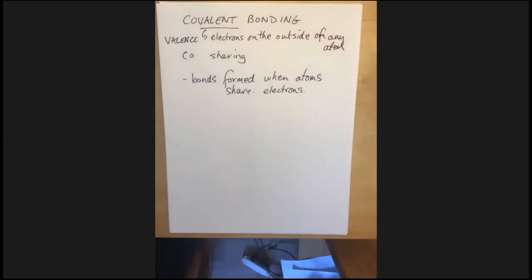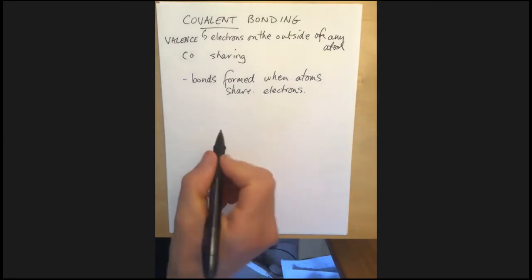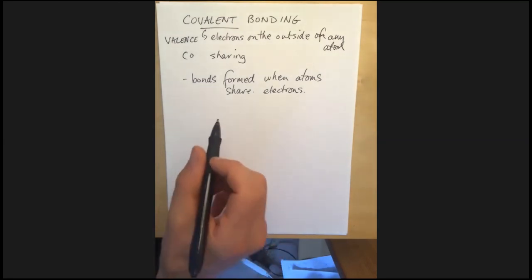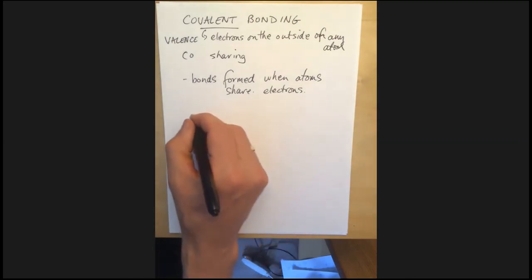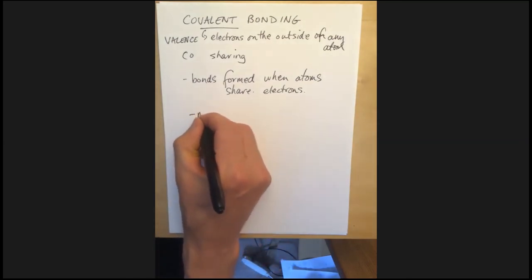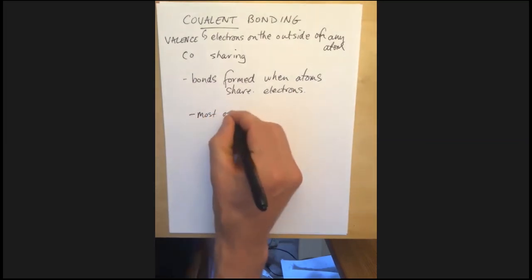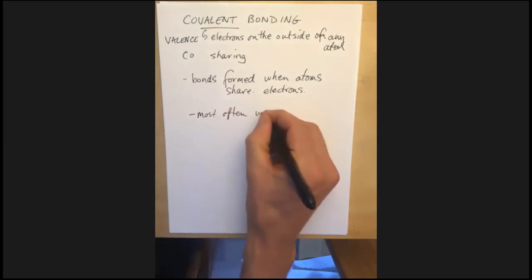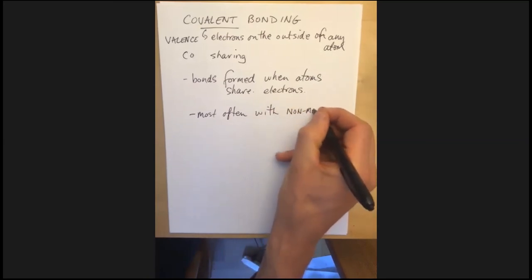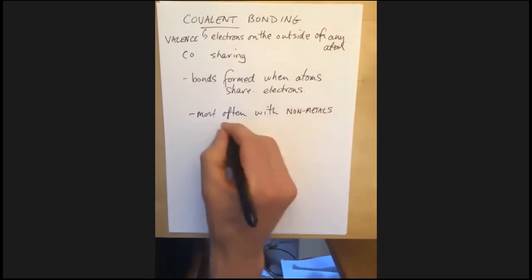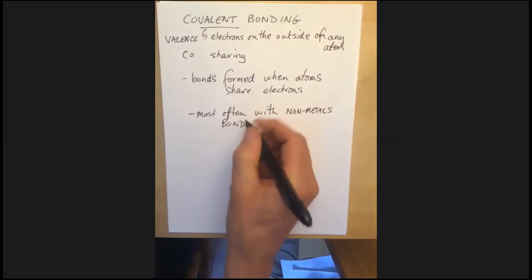So that's a perfectly good definition. One of the things that I know, and I think you probably also know, is that this most often happens with elements on the right-hand side of the periodic table. So it's most often with nonmetals bonded to other nonmetals.